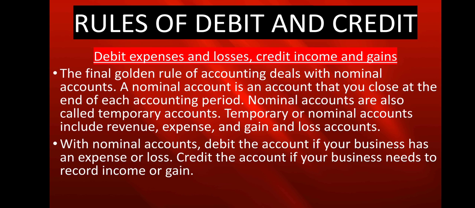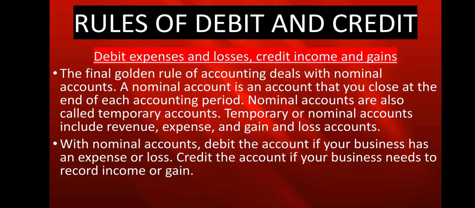Okay, so we have completed the rules of debit and credit under traditional approach, otherwise known as English approach. So immediately when I say traditional approach, three accounts: personal account, real account, nominal account. Personal, debit the receiver, credit the giver. Then you have your real account, debit what comes in, credit what goes out.